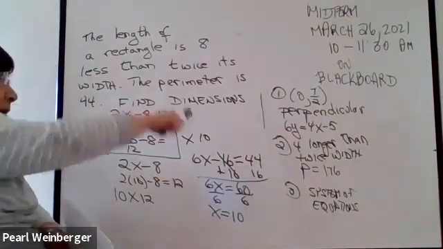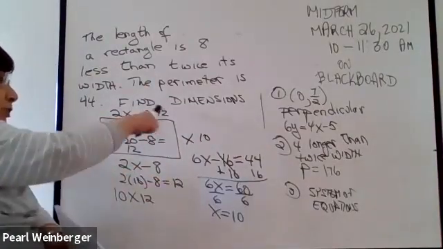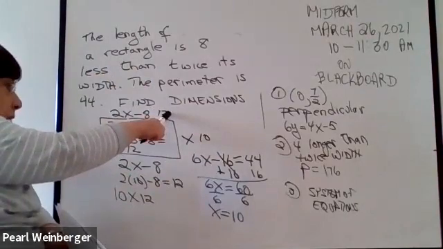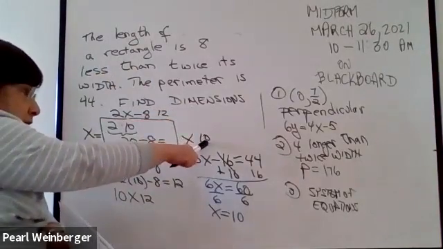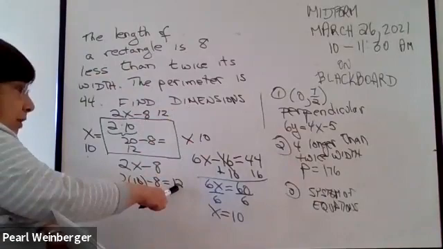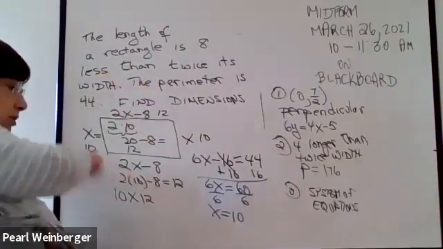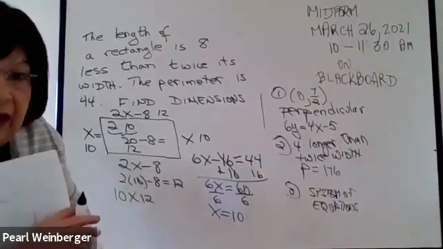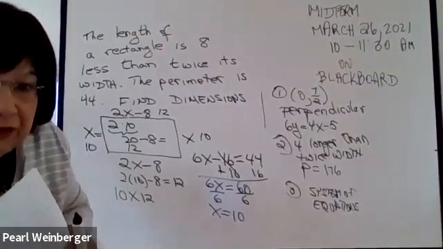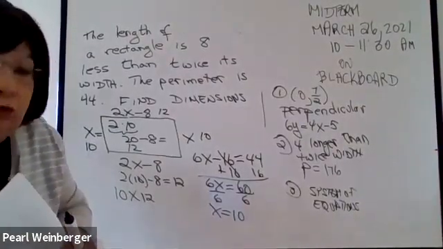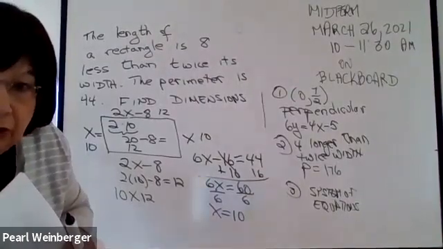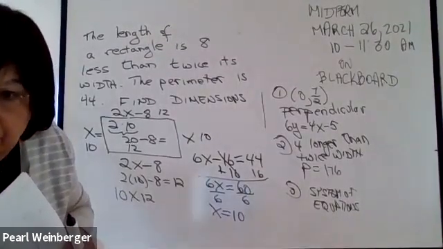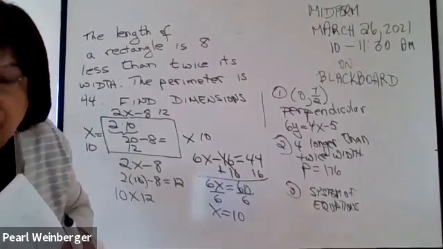If you add them up, that would be your perimeter. 10 plus 12 is 22, and 10 is 32, and 12 is 44. So it does add up to 44. You can always check your results, and you can see that your perimeter was 44. Okay? Okay, thank you.